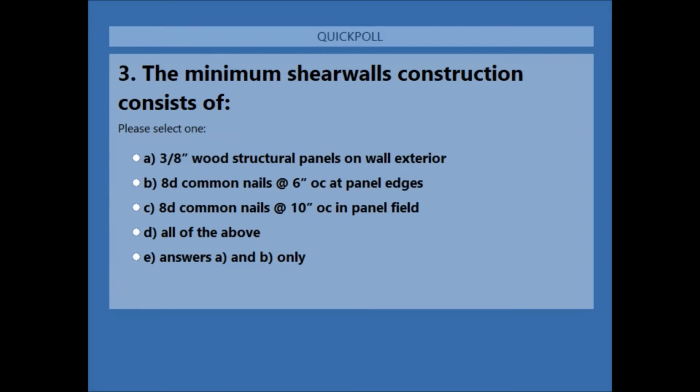The minimum shear wall construction consists of: 3/8 inch wood structural panels on the wall exterior, 8d common nails at 6 inch on center at panel edges, 8d common nails at 10 inch on center in the panel field, all of the above, or answers A and B only.